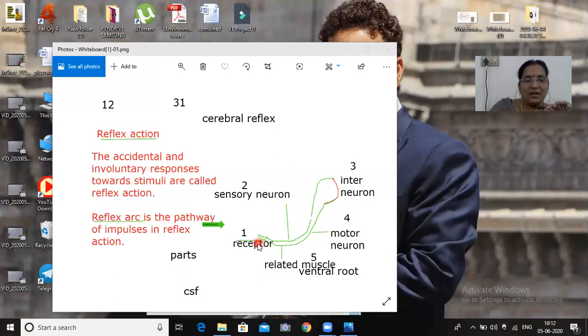So, here we can conclude. We have studied the structure of spinal cord and the function of related parts of spinal cord, and what is that accidental response towards a stimulus called? Yes, that is reflex action. Then what do you mean by reflex arc?